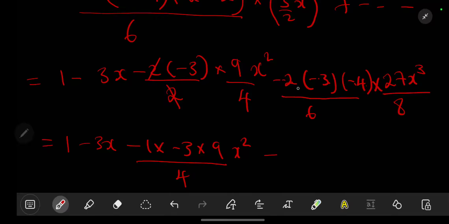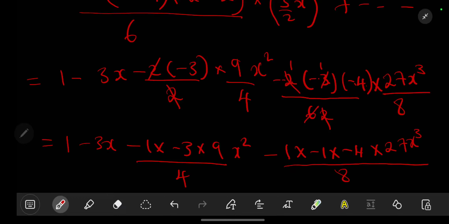Okay, let's avoid doing that. So we can divide this by this. We are going to have -1 here. Here we are going to have 2. So we can even divide this one and this one, so that we have -1 times -1 times -4 times 27 x to the power of 3 over, we are just remaining with 8.